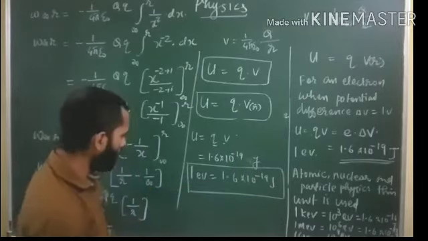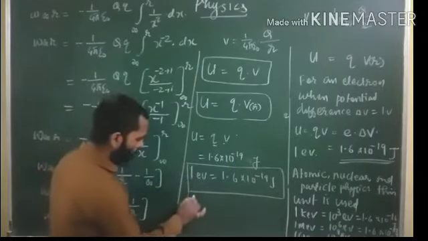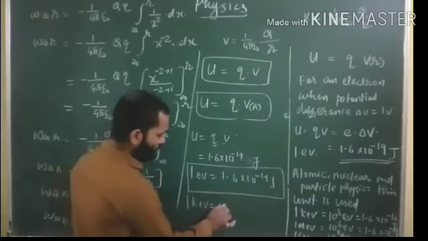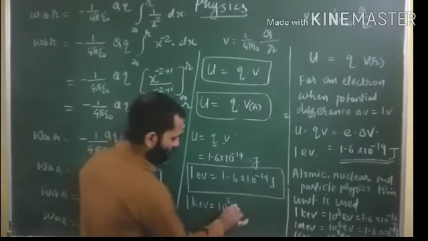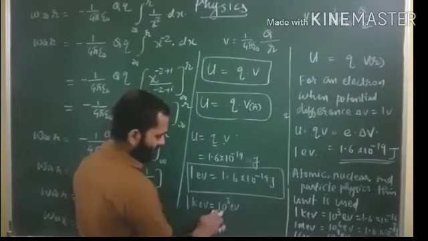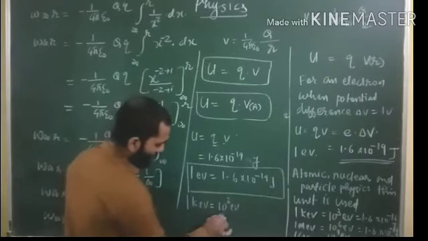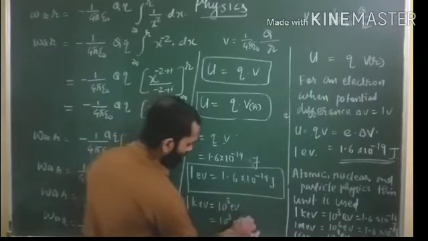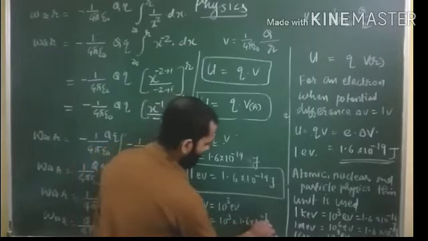Okay. Now 1 kilo electron volt will be equal to 10 to the power 3 electron volt. It means this will be 10 to the power 3 into 1 electron volt, which is 1.6 into 10 to the power minus 19.